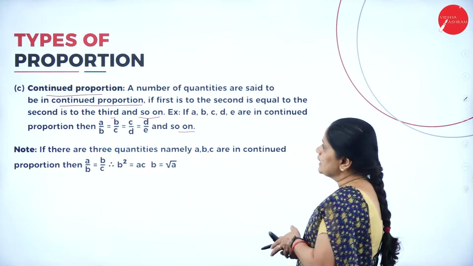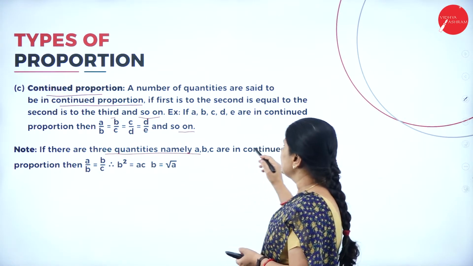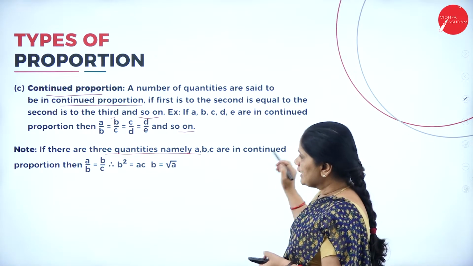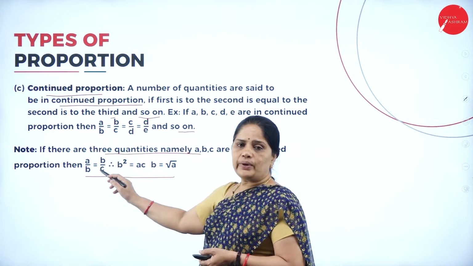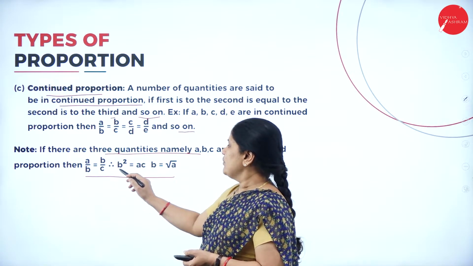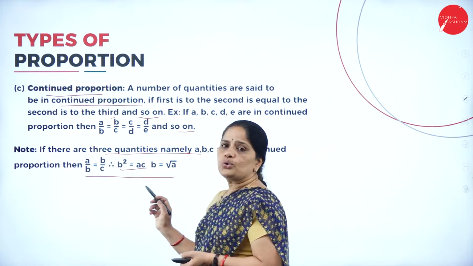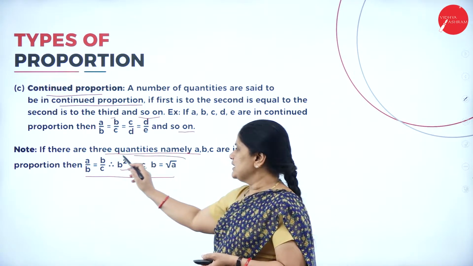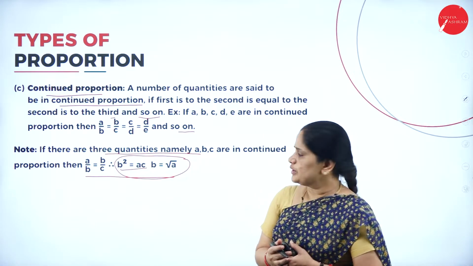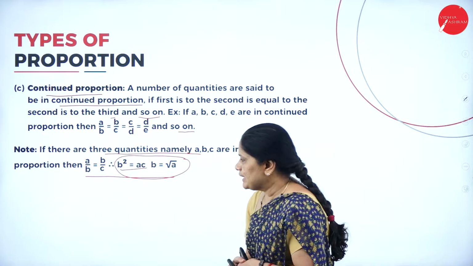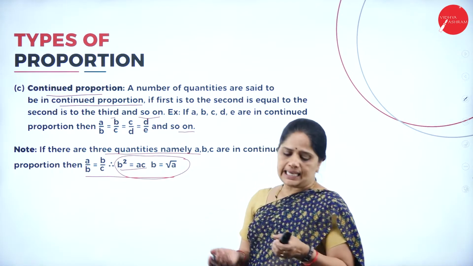If there are three quantities, namely A, B and C, in continued proportion, then A by B equals B by C. Therefore, B square equals AC. This is one thing which we have to remember.